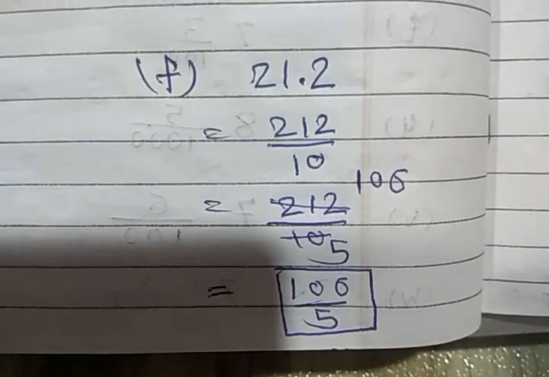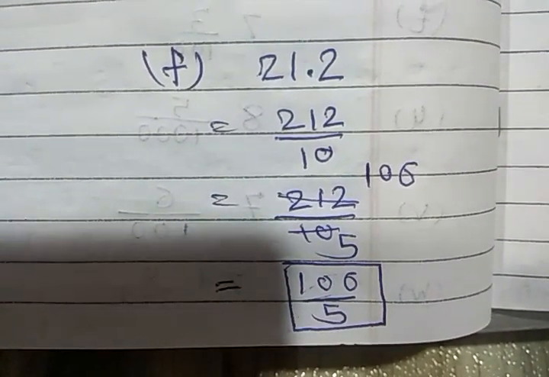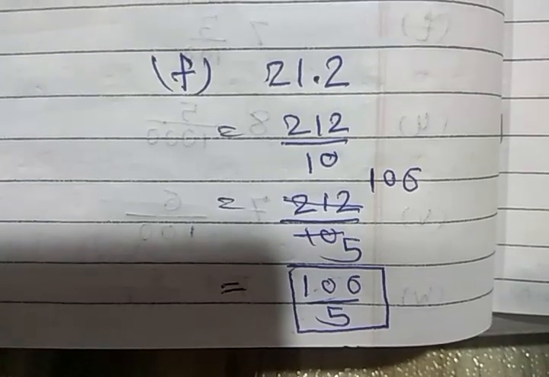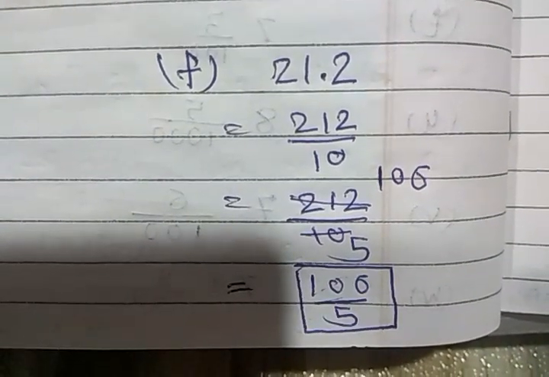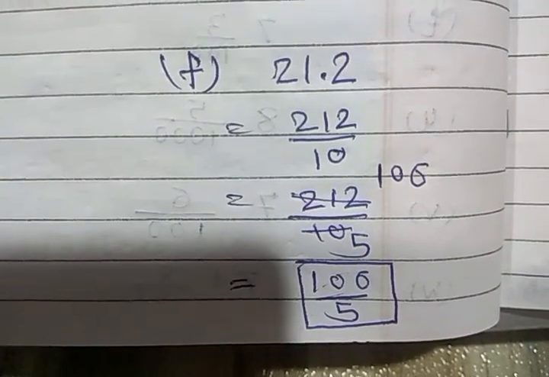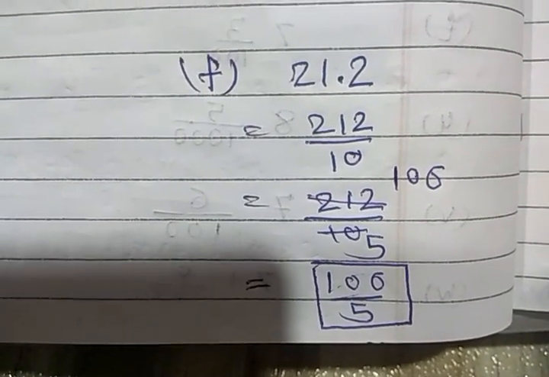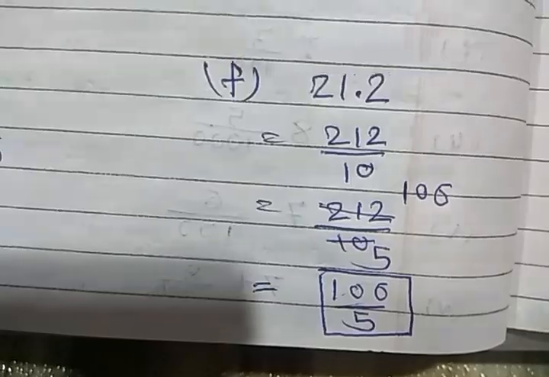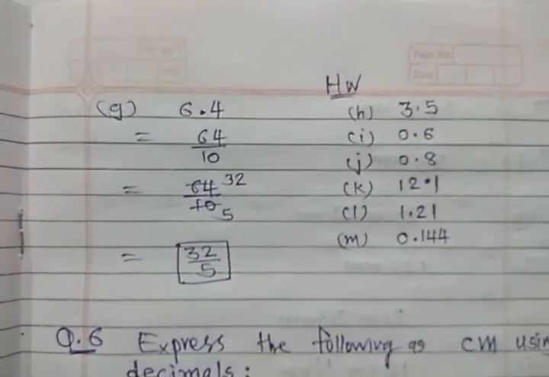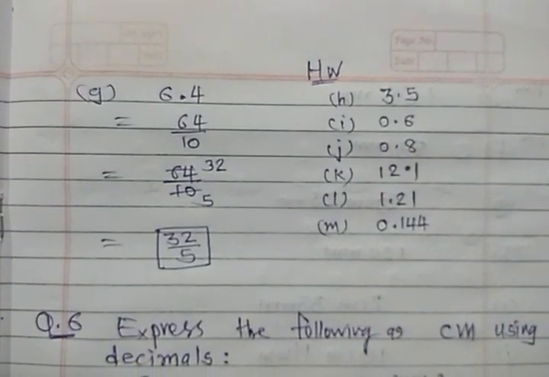There is F. 21.2 means 212 upon 10. So 106 upon 5, because 2 106s are 212 and 2 5s are 10, like this way. Here is the homework of the same exercise.